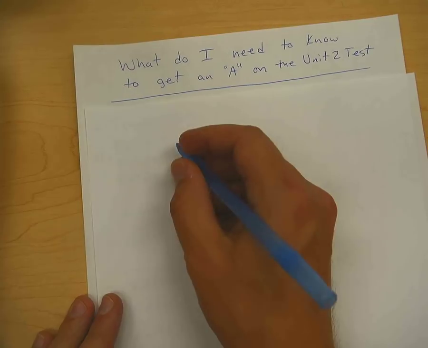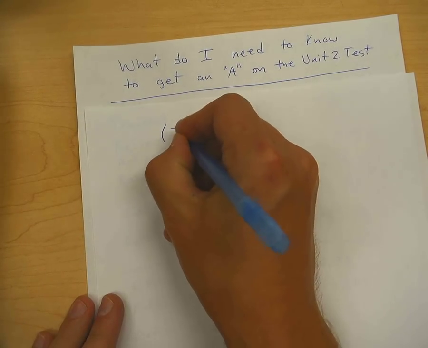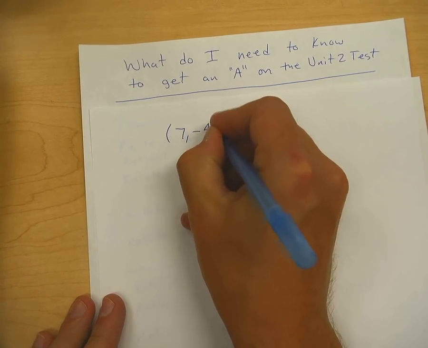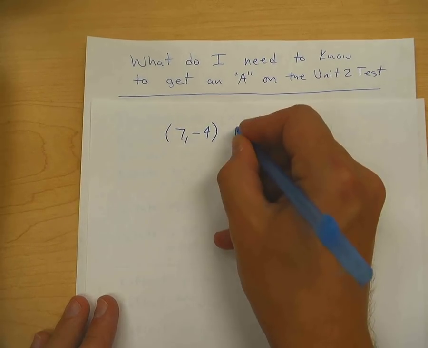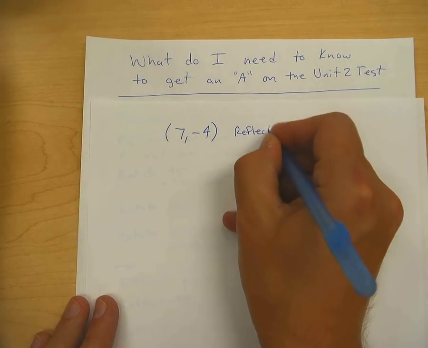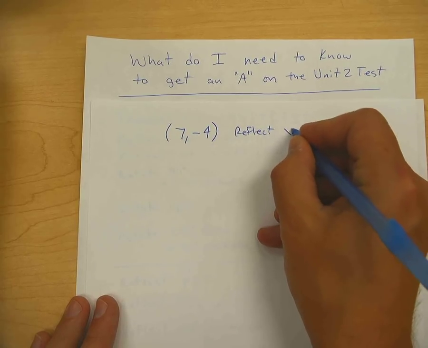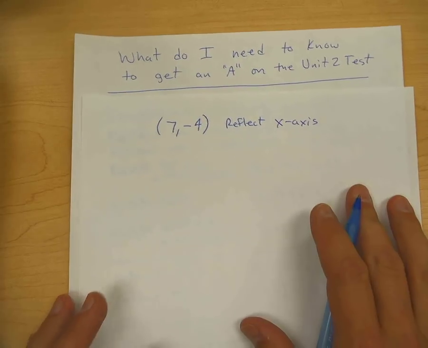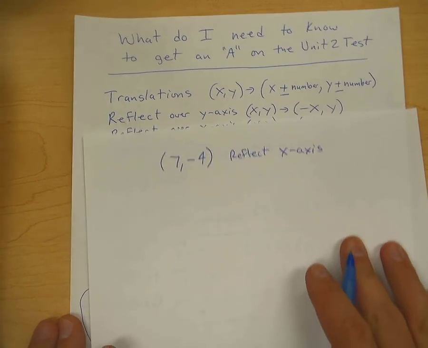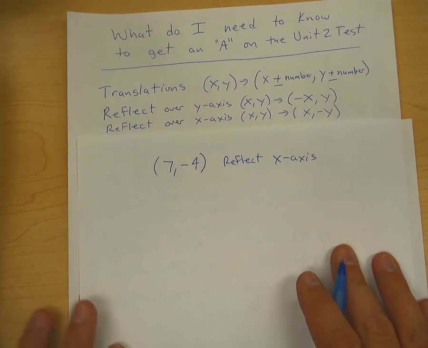So for instance, if I have coordinates that are (7, -4), and I want to take that point and reflect it over the x-axis. What is my new point going to be? All right. Well, I'm going to look back here, and I go to reflect over x-axis.